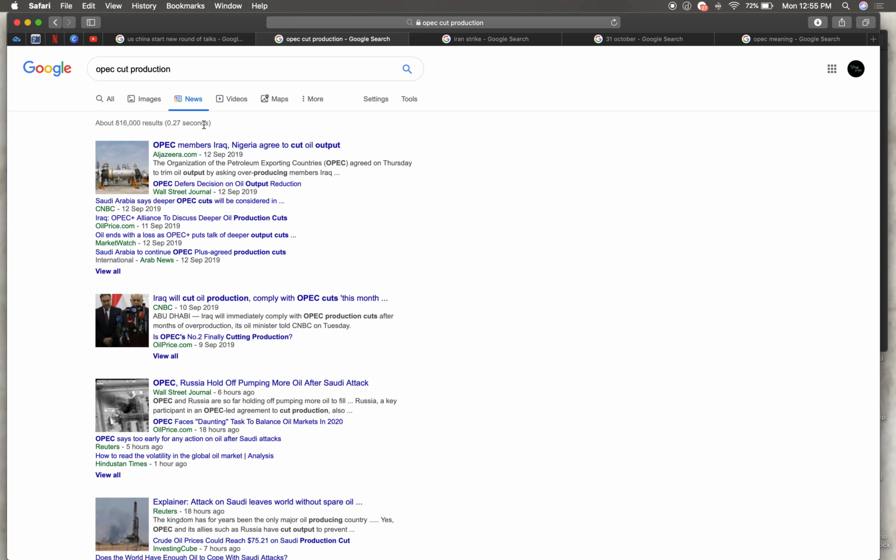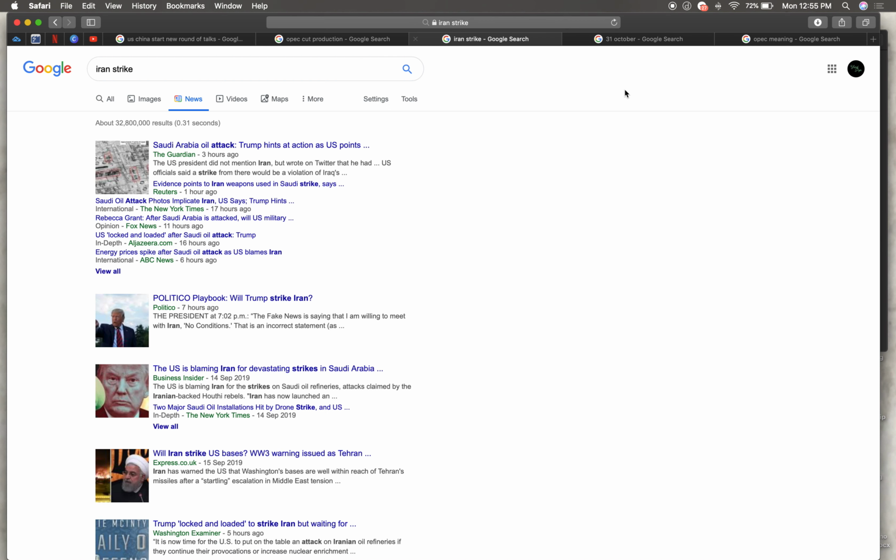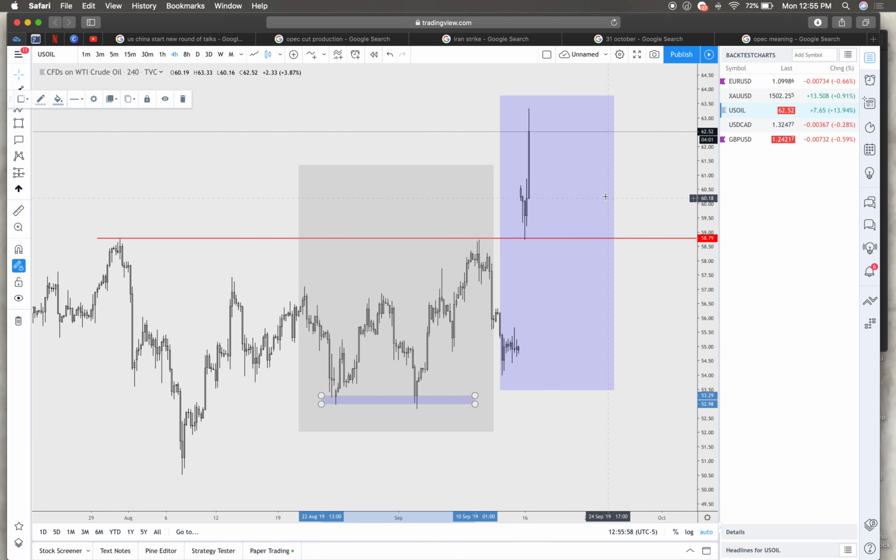Cool? One thing. Second thing now, let's talk about the other box right here. So the other box right here is this airstrike, Saudi Arabian oil attack. Saudi Arabia is one of the largest oil producing nations out there, and Iran attacked their oil fields, right?